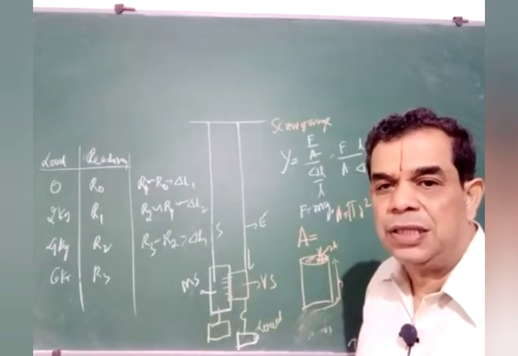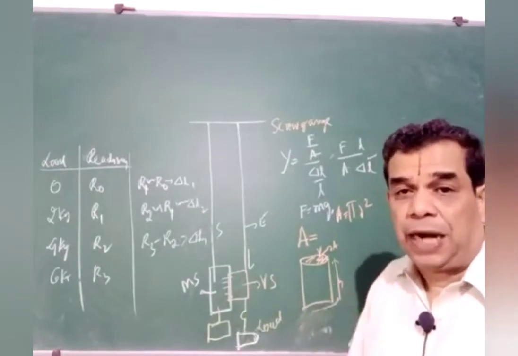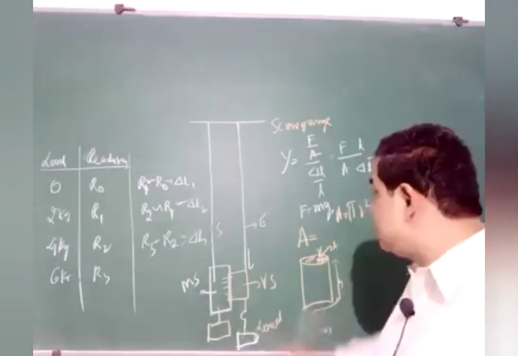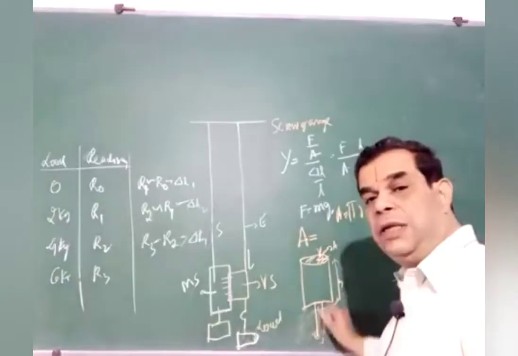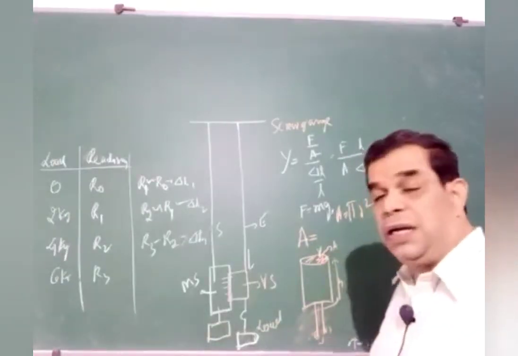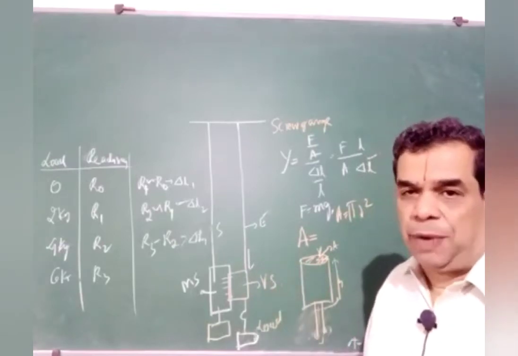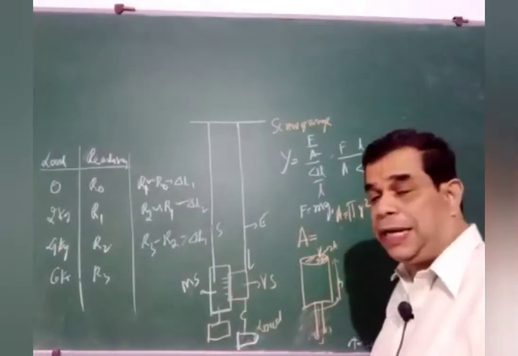No, Suhas. It's only pi r square. I'm asking you the area of the circular part, not the curved part. Total area is not required because we are applying the force normal to this surface. Therefore, only the area of the circular part is required, not the lateral part. So pi r square, circular part area.